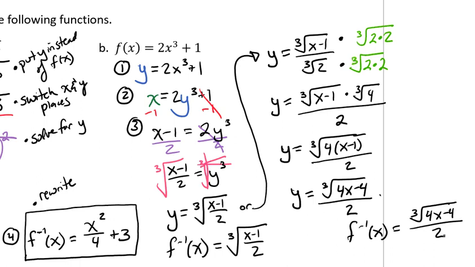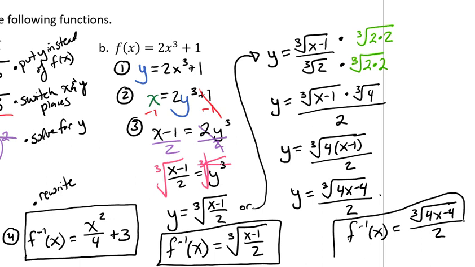So it really just depends here on what your teacher wants. Whether you finish it and can leave it like this, or if they want you to rationalize your denominator. Okay, these here are the same. The question is, do you need to rationalize or do you not need to rationalize?